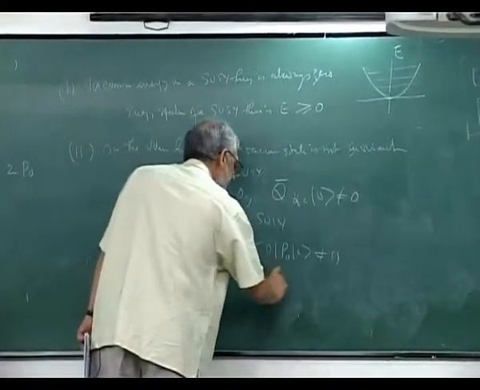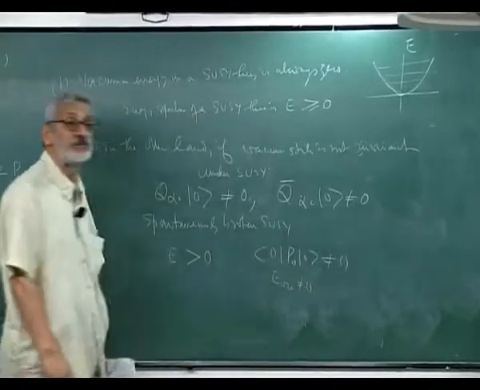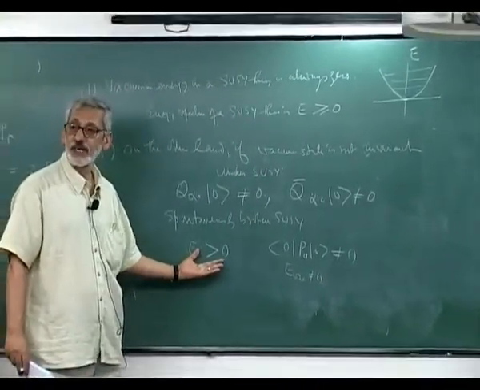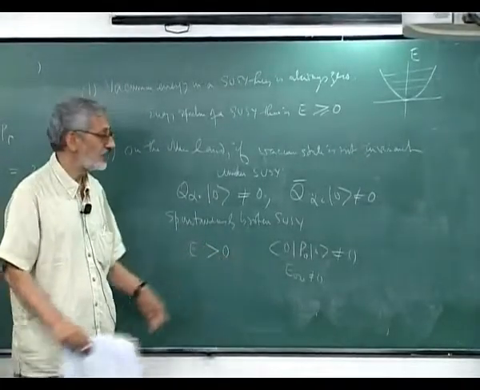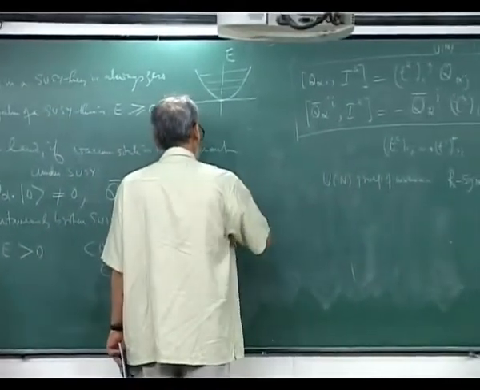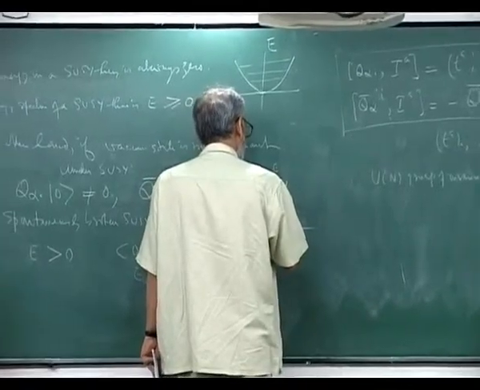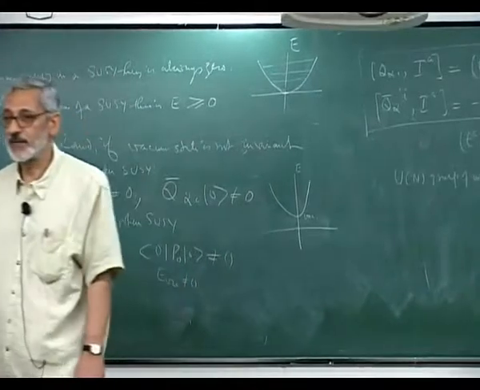Therefore, E vacuum is not zero, and all other states, including the vacuum state, have energies which are greater than zero. So if you want to draw it pictorially, that is the vacuum state.